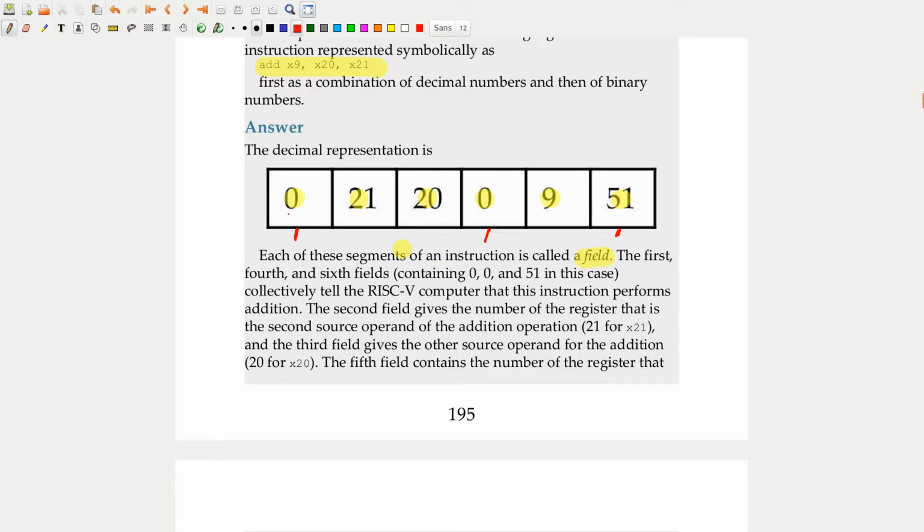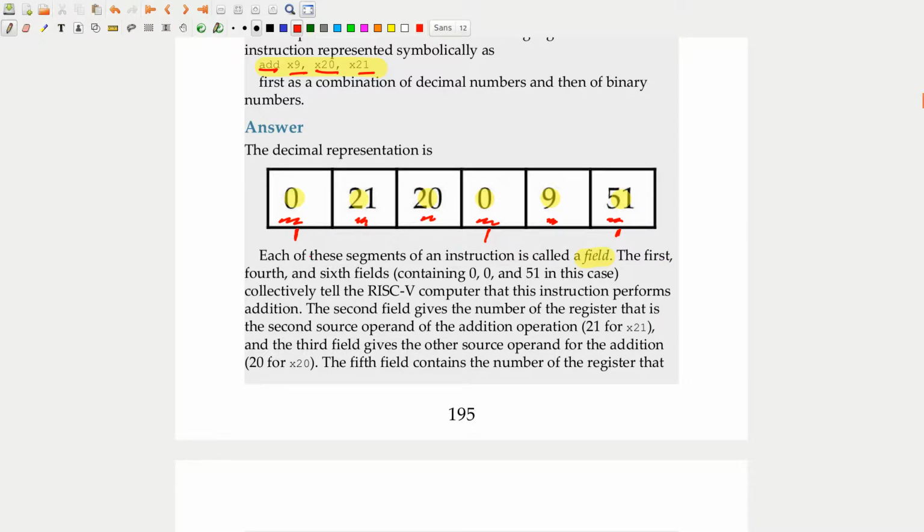So these 3 are purely related to setting up the control of the processor in order to understand that the instruction we want is add. 21, 20, and 9 are the registers that we're using. So X9, X20, X21.